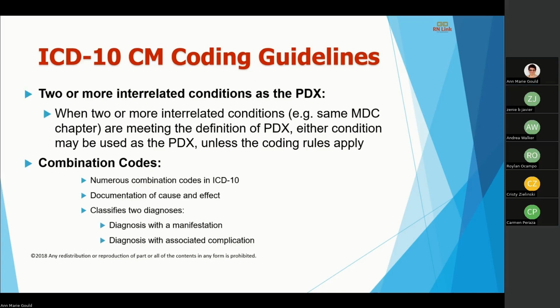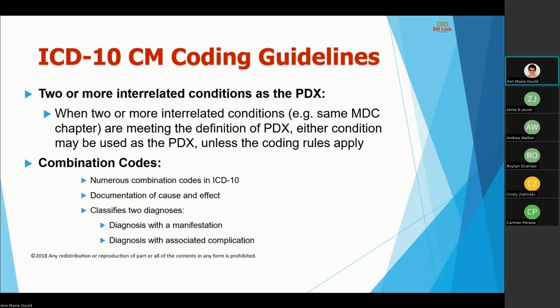Two or more interrelated conditions as the PDX. When there are two or more interrelated conditions, meaning they come from the same major diagnostic category, or MDC, like your MDC 4 example, which is respiratory, and they're meeting the definition of PDX, either condition may be used as the PDX unless the coding rules apply.